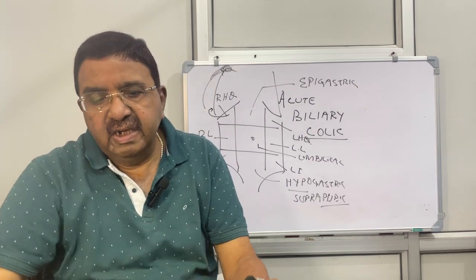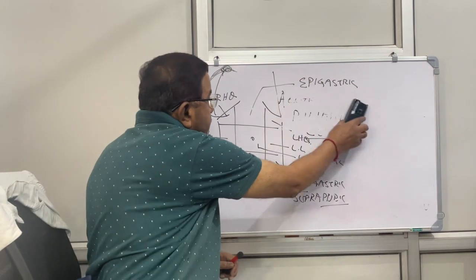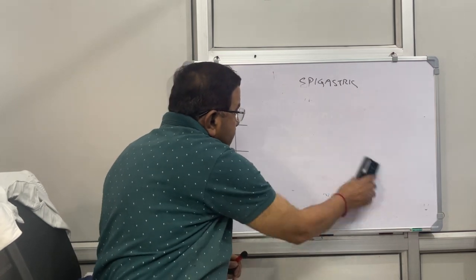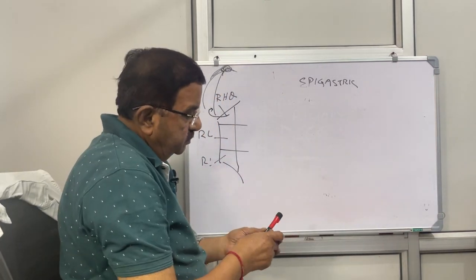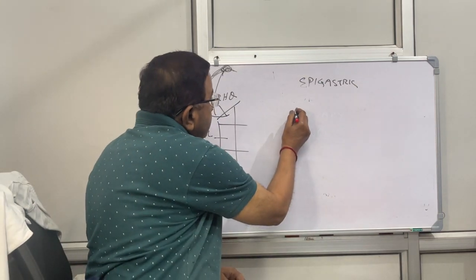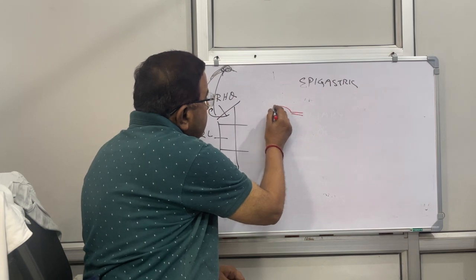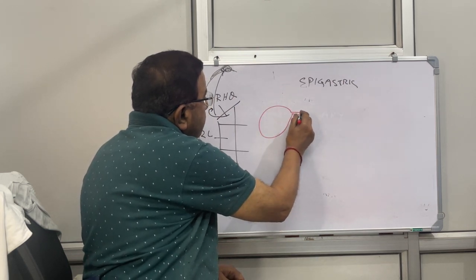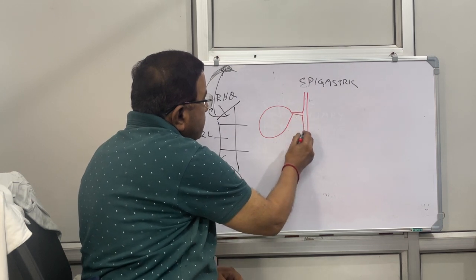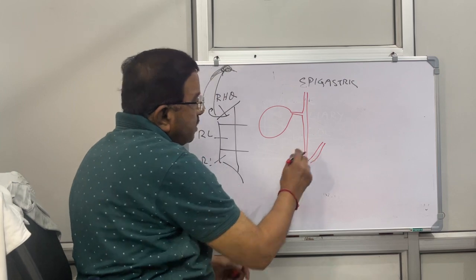Now I will show you the diagram. This is the cystic duct, gallbladder, common bile duct joining with the pancreatic duct.